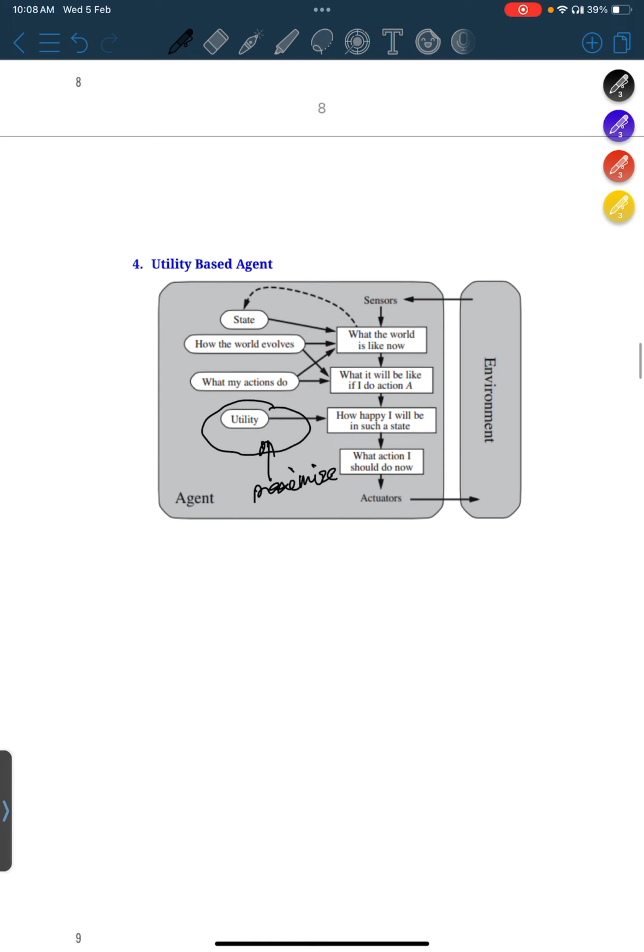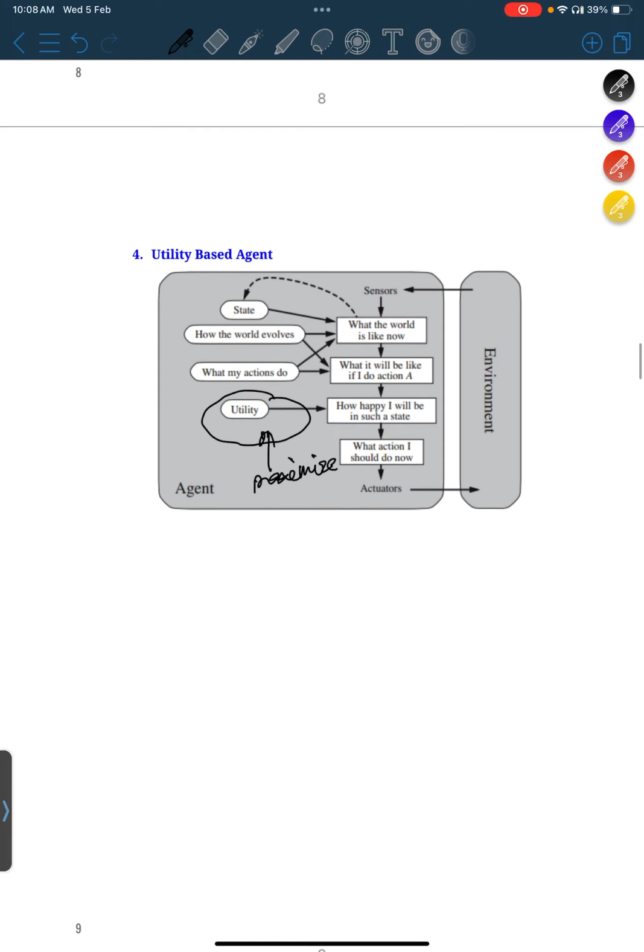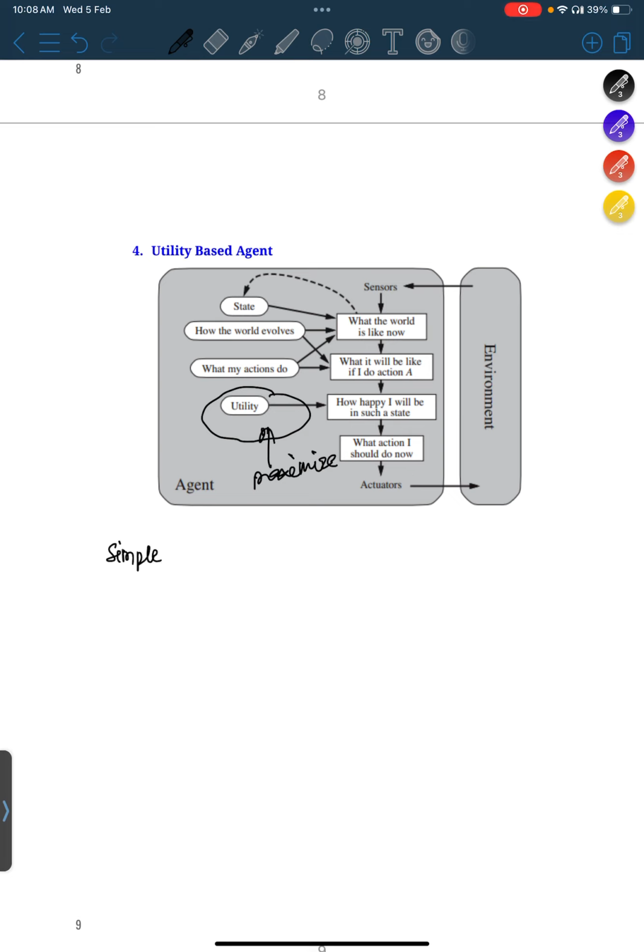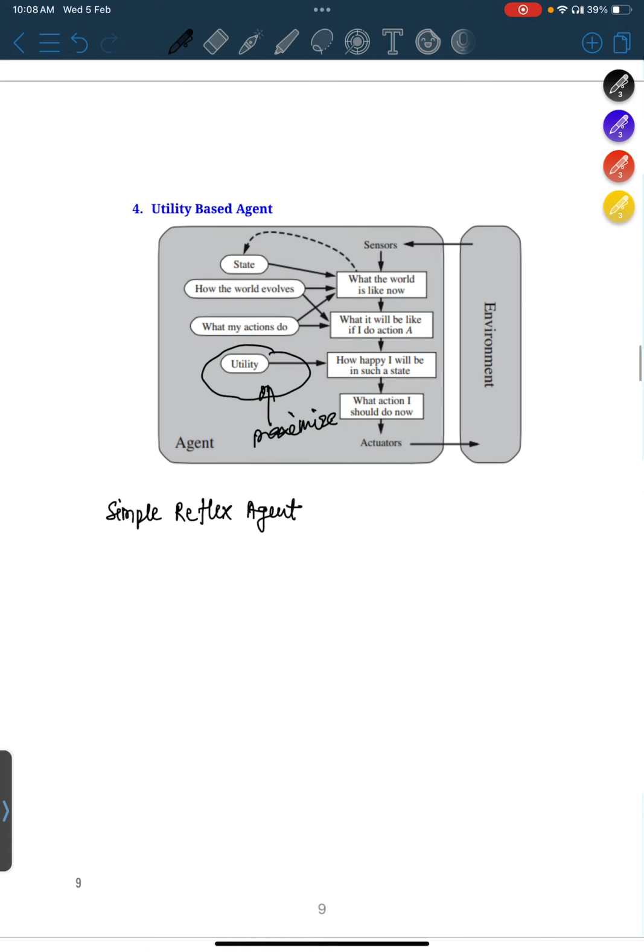If we talk in terms of complexity, there are simple reflex agents, which are simple, don't worry about the past, don't worry about the future, nothing at all. They simply take the current input and give the output. Then we have the model based agents.